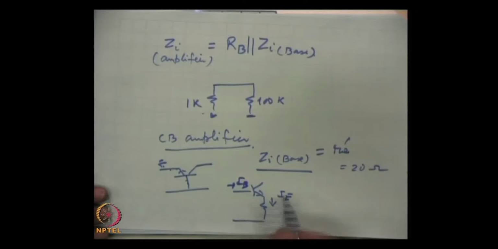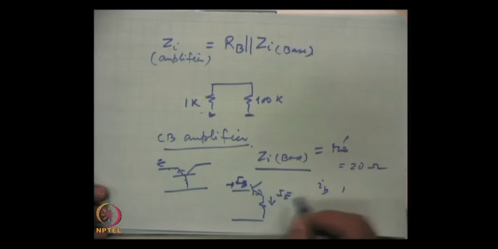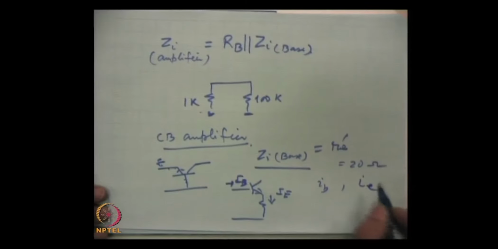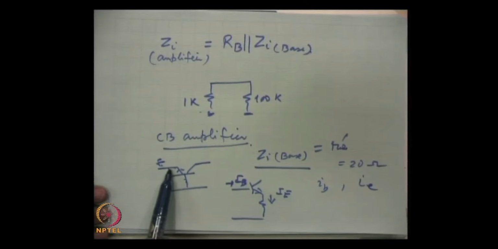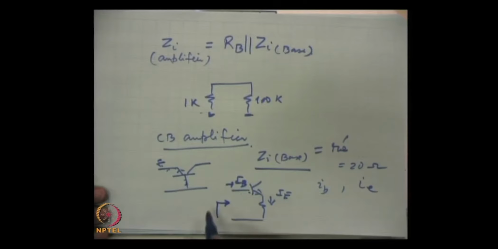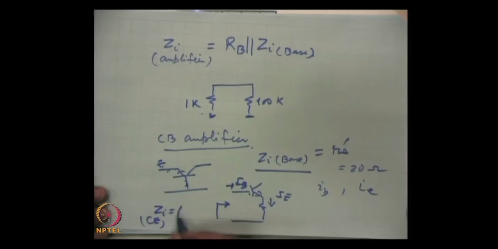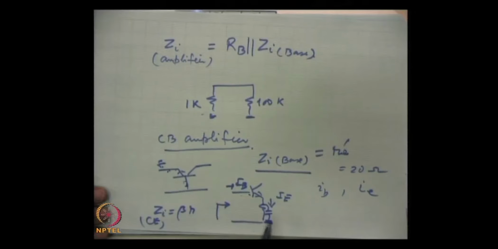If we take AC values, even then it is simply I B and the emitter current is I E. Same junction, here emitter base, here also we are using the same junction, but the impedance as seen here becomes, instead of R E, Z I in the case of C E becomes beta times R E prime.